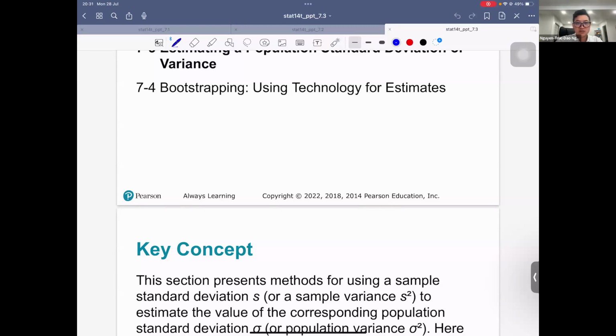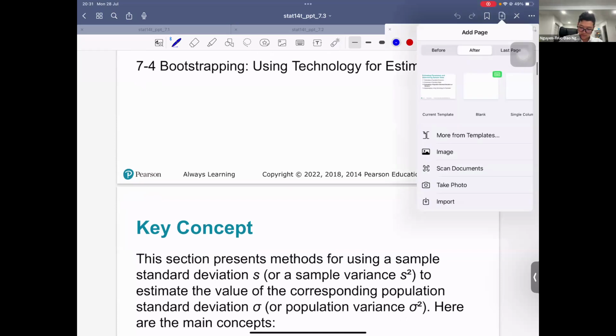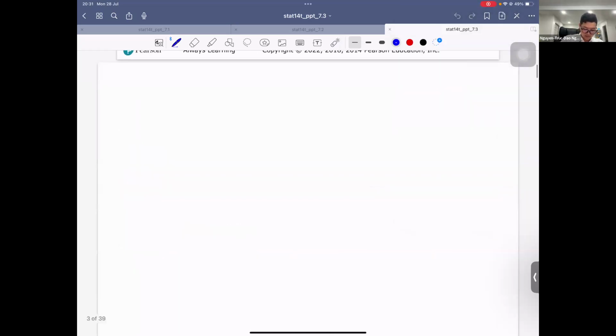I can share the screen real quick here so that everybody can see it. Maybe open the blank one. Let me see if I can copy and paste it here. Insert new slide.